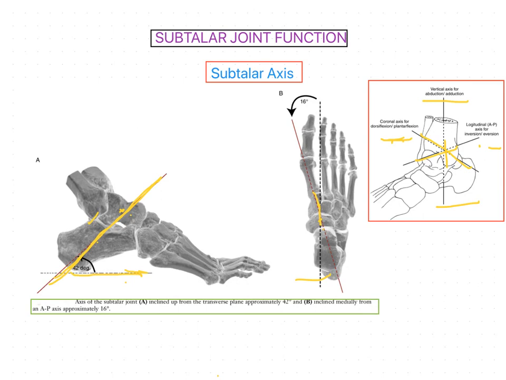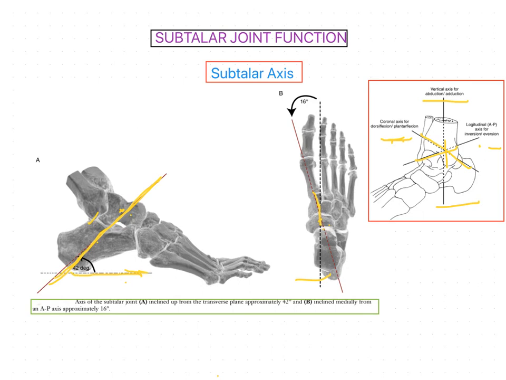If you see this angulation from the sagittal plane in this superior view, here we can find the sagittal plane, with an average of 16 degrees with this axis.